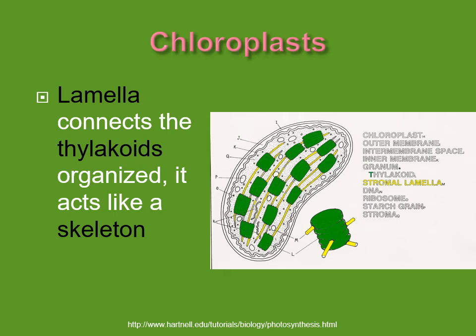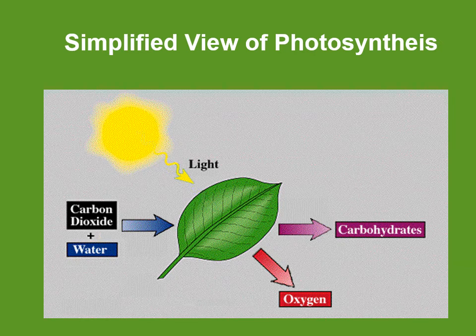Other structures that you can find in the chloroplast would be the lamellae, or on your diagram it's labeled as the stromal lamellae. I colored them yellow, and you can see them here in this diagram. They actually connect different thylakoids together. They kind of act similar to the bones in a skeleton to hold pieces together.